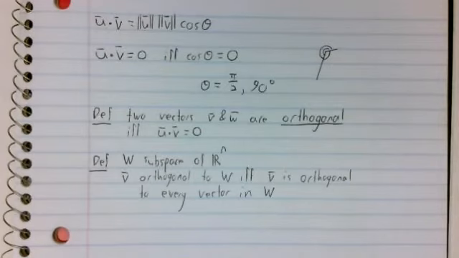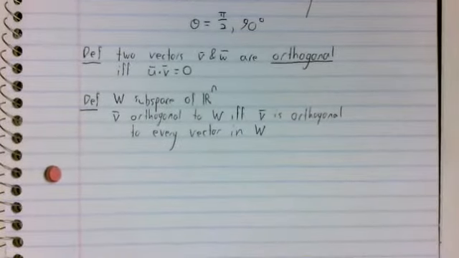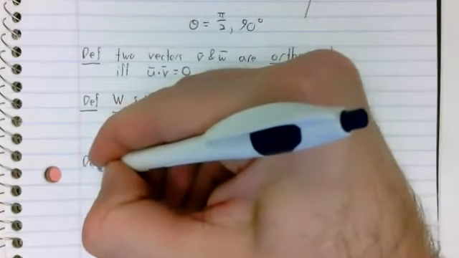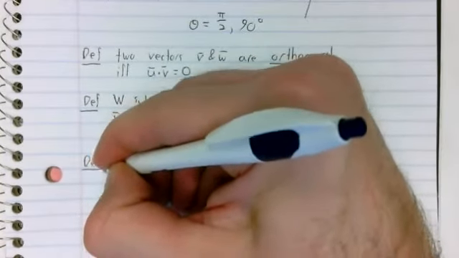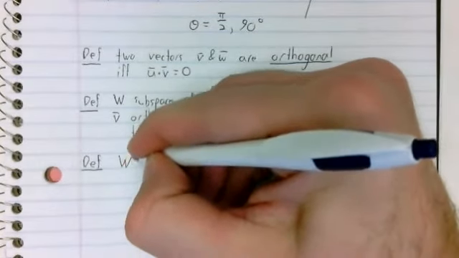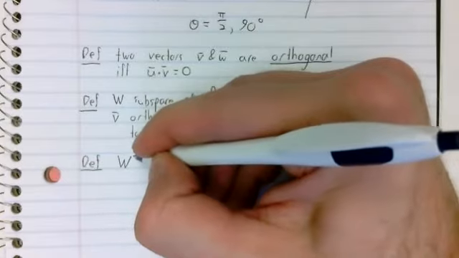And now that we've defined orthogonality to a set, or rather to a subspace, we'll jump right into our next definition and our next piece of notation.